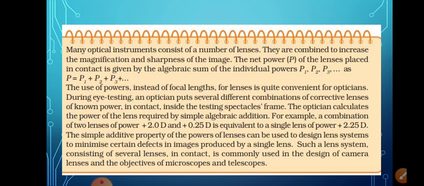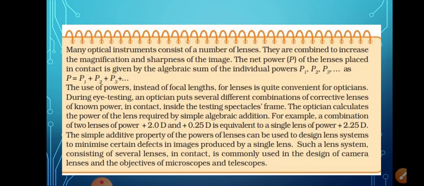So suppose he puts one diopter, then he puts 0.25 diopter, so the total power will be 1.25 diopter. For example, a combination of two lenses, 2 diopter and 0.25, so the total will be plus 2.25 diopter.